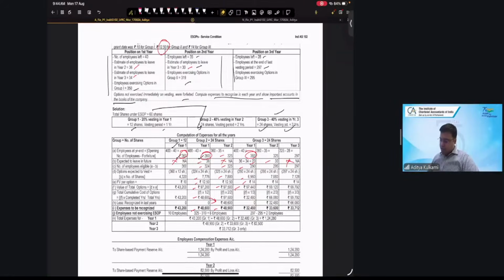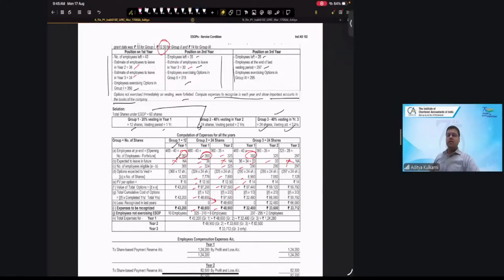Next, if you look at year 2, we start off with 325, 30 expected to leave in year 3, so 295. Out of 295, now 24 shares are there per employee, so 7,080 into 40, 99,120 into 2/3, because second year is over.